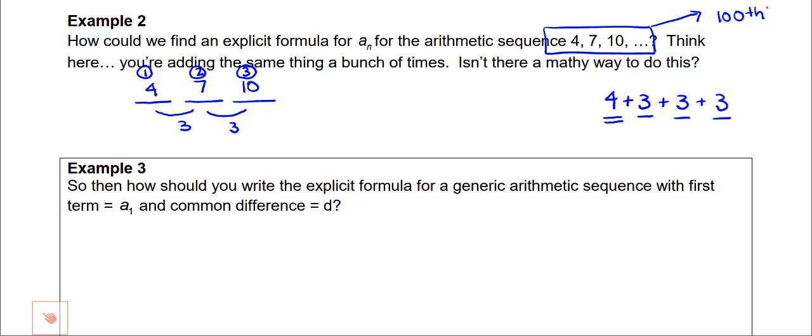So, the 100th term, I start at 4, and I add a bunch of 3s, don't I? If I get to the 100th term, how many 3s am I going to add? Good. And I'm going to write it like this.